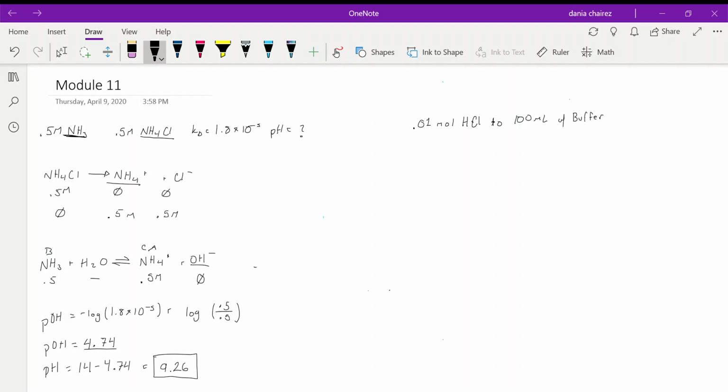So it's the same sodium, ammonium chloride, ammonia solution. So we're still dealing with this.